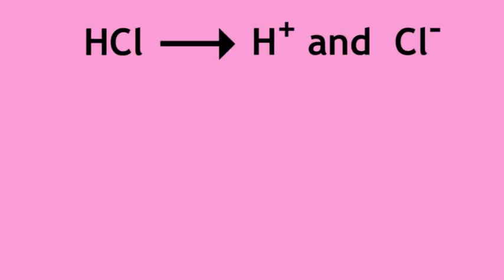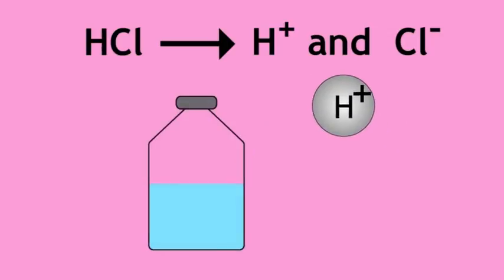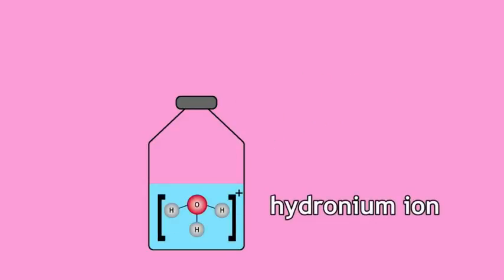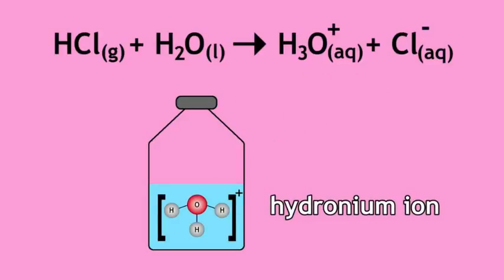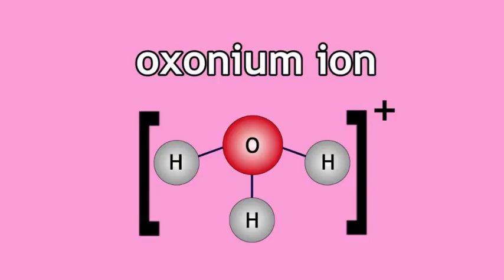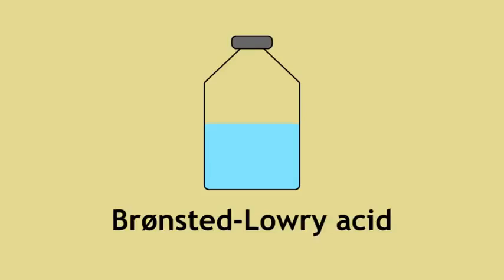The proton is not just released, but it is transferred to another substance. For our example, water accepts the proton to form a hydronium ion. A hydronium ion is also known as an oxonium ion. A Bronsted-Lowry acid is a substance that releases or donates protons in solution, in our case, hydrogen chloride.